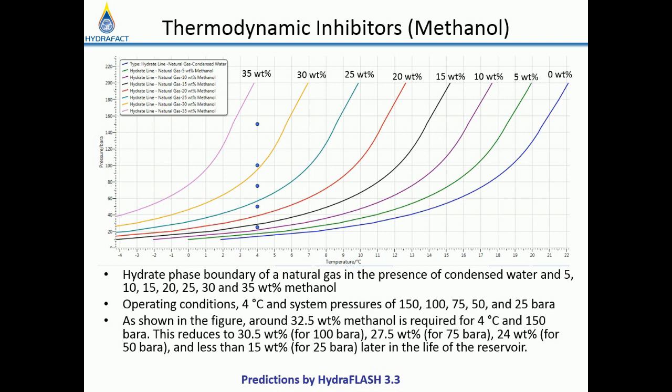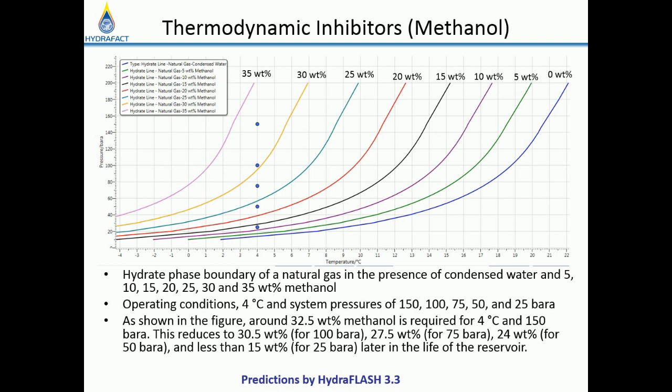Normally, the concentration of inhibitor required is based on the worst operating condition, i.e. the lowest temperature and highest pressure, plus a safety margin, typically 3 to 5 degrees Celsius. Some companies also consider other factors, for example, injecting 20 to 30% more inhibitor to take care of non-homogeneous distribution of inhibitor.